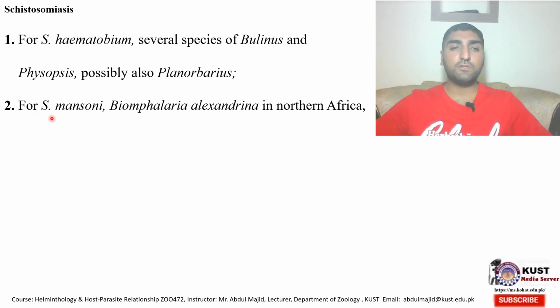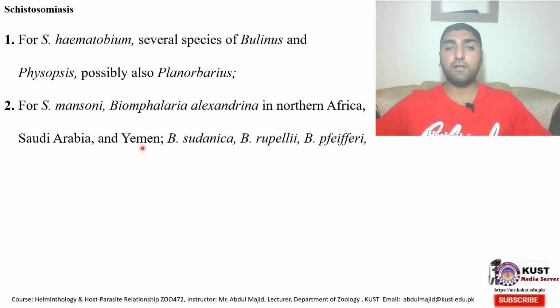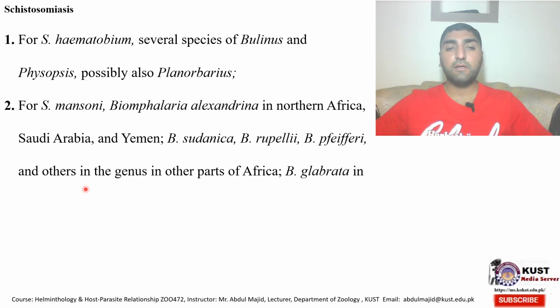In the case of Schistosoma mansoni, Biomphalaria is the main intermediate host. Biomphalaria alexandrina in northern Africa, in Saudi Arabia, and in Yemen. Then there is Biomphalaria sudanica, Biomphalaria ruppelli, Biomphalaria pfeifferi, and others in the genus in other parts of Africa.